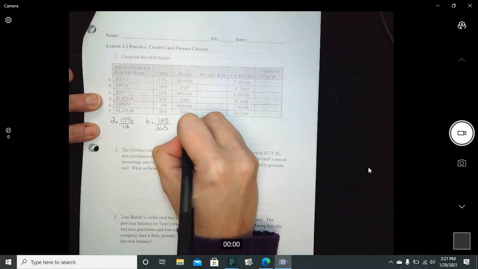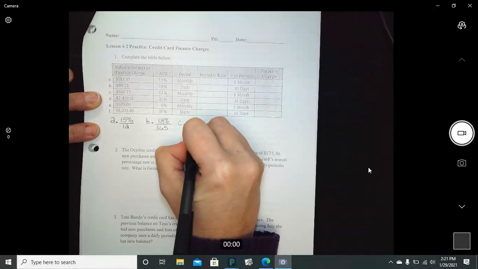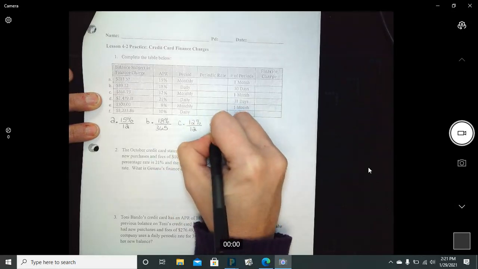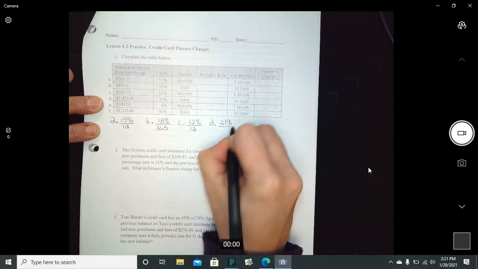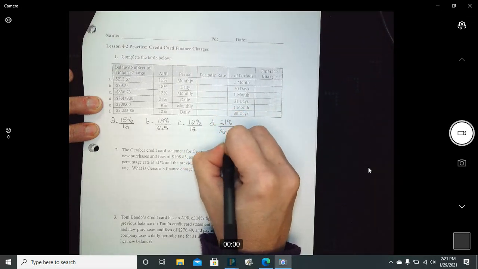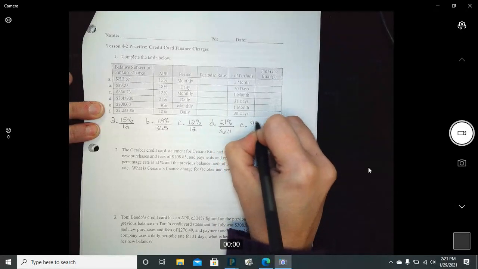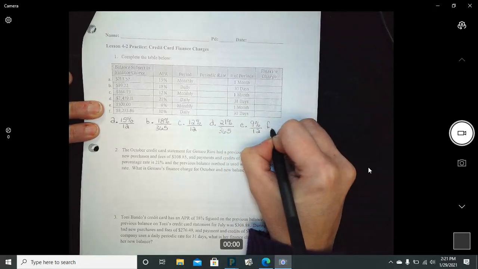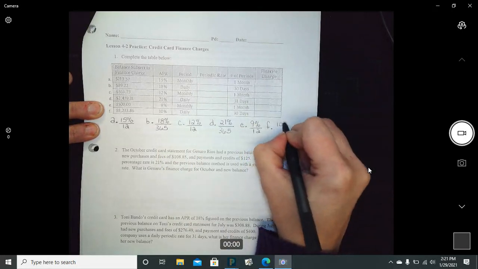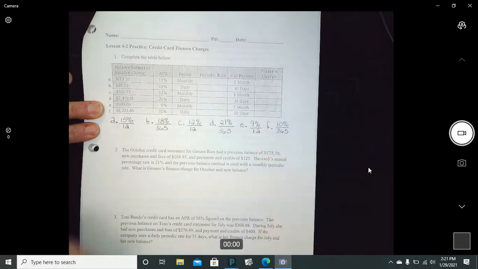C, I'm looking at monthly, so I have 12% divided by 12. D is daily, so I have 21% divided by 365. E is monthly, so I have 9% divided by 12. And F says daily, so I have 10% divided by 365. So this is how you're going to find the periodic rate.